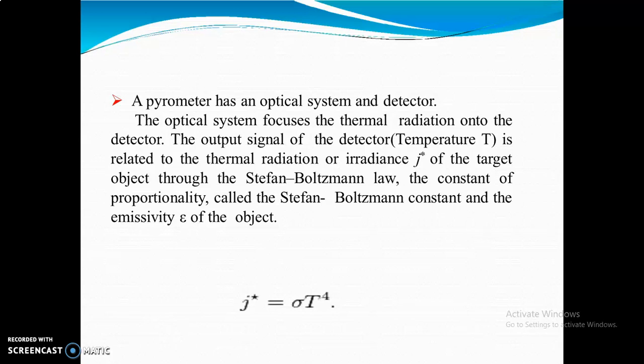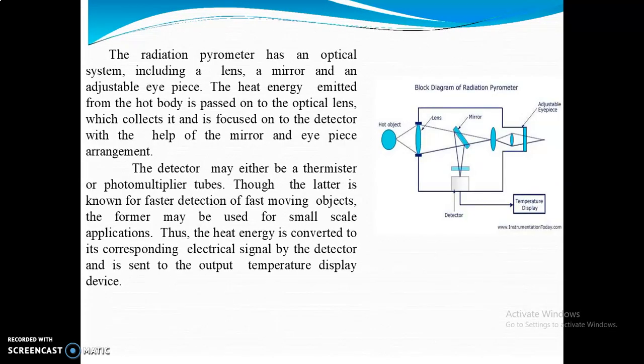The constant of proportionality is called the Stefan-Boltzmann constant. The equation is J equals sigma T power 4. By using this expression, they can calculate the temperature. Sigma is a constant value, called the Boltzmann constant. So this is the radiation pyrometer.